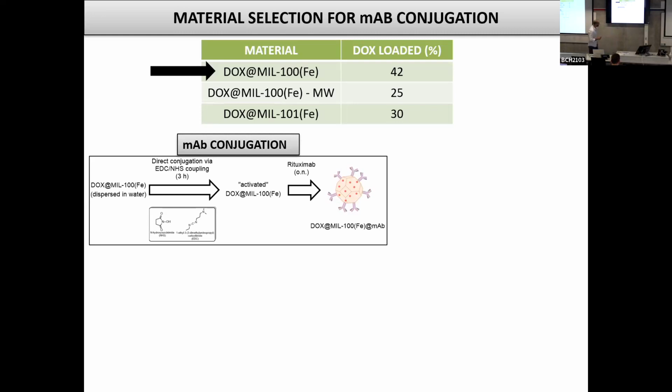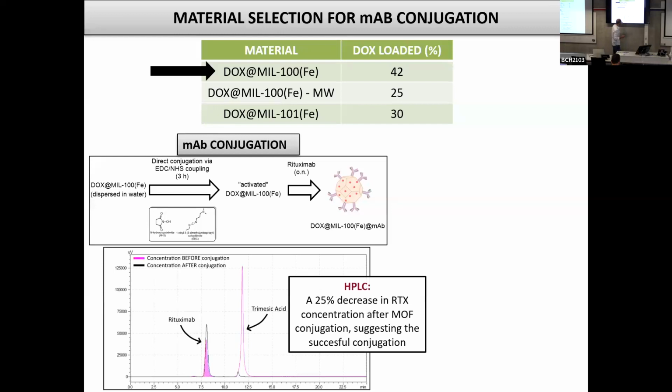And we performed this conjugation with first activation of the carboxylic group located on the surface of MIL100, and these activated groups have been reacted with the amino group located on the monoclonal antibody to obtain this system.